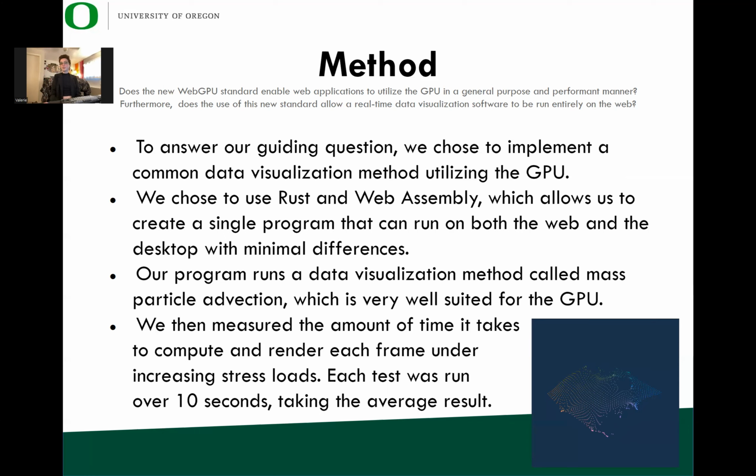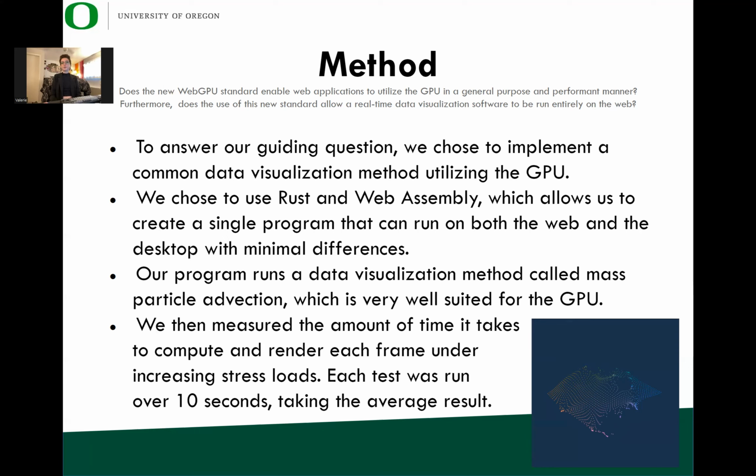This data visualization method requires you to do a very simple calculation over hundreds or thousands of particles, which makes it very well suited for the GPU because it's good for parallel computing. We went ahead and used Rust and WebAssembly. These are two relatively modern technologies.